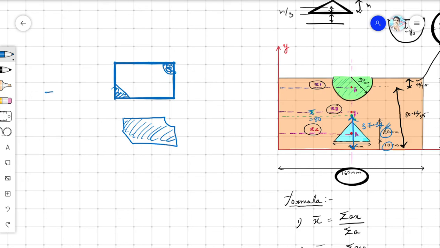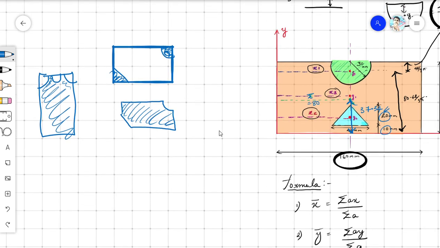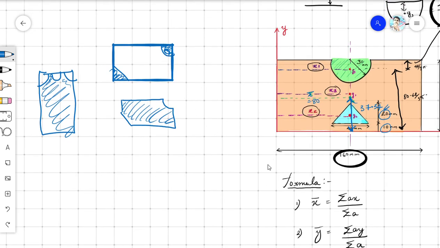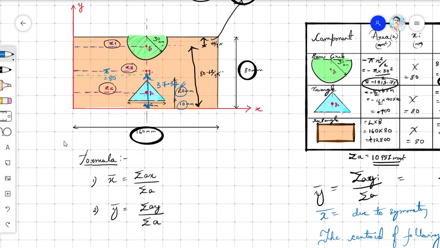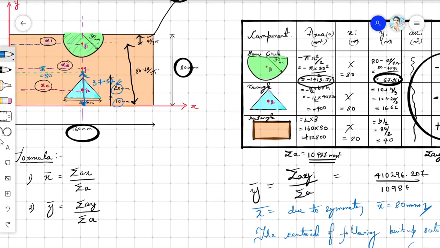Or else they might have taken one arc, one semicircle. The numerical won't be tough, numerical won't be easy.